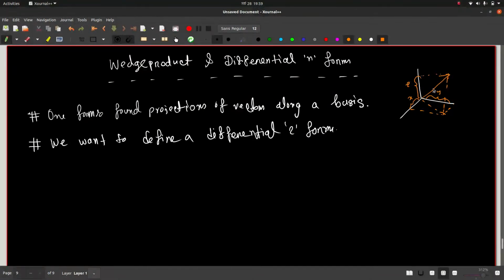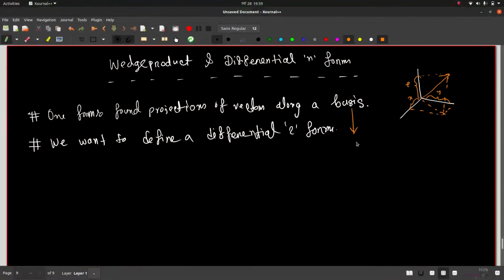So one forms take this vector and find out these projections, and if you just look at one of these axes, the projection is equal to some certain length, right? And this length can be thought of as a one-dimensional volume.